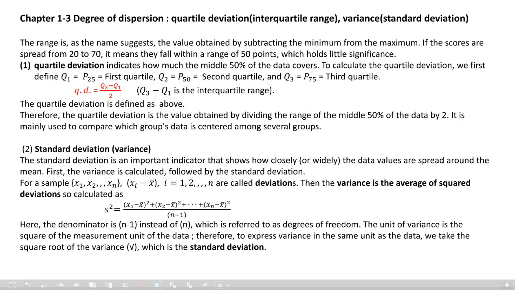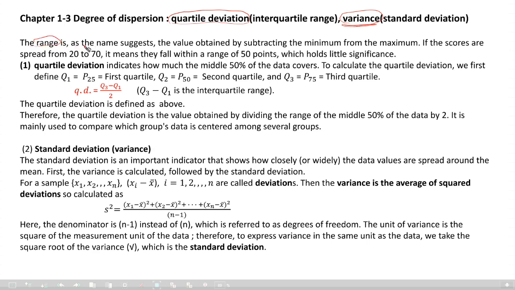Okay, let's see degree of dispersion. There are two terms: quartile deviation and variance. Variance, of course, is very, very important in statistics. There is another thing, but it is not significant: the range.